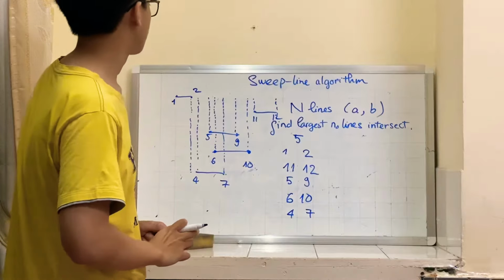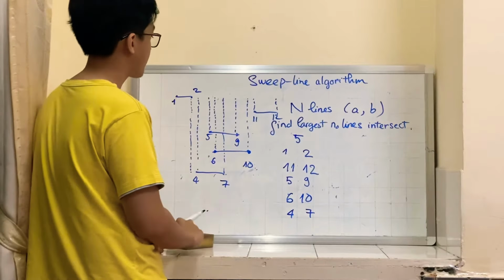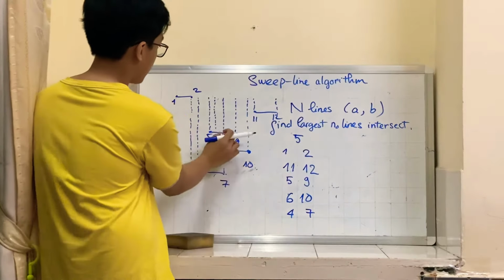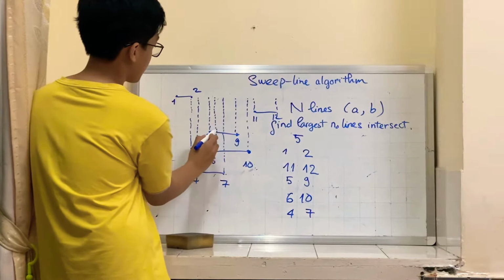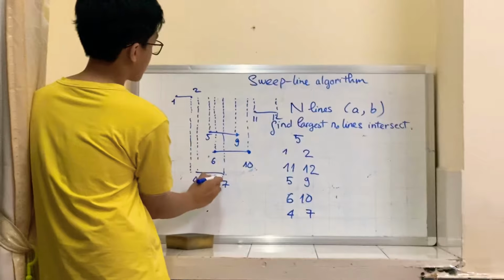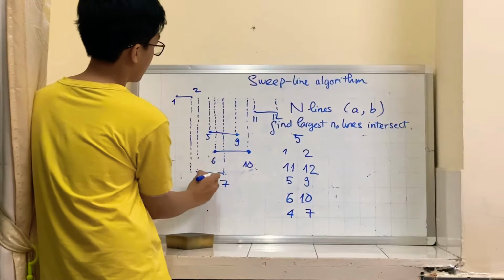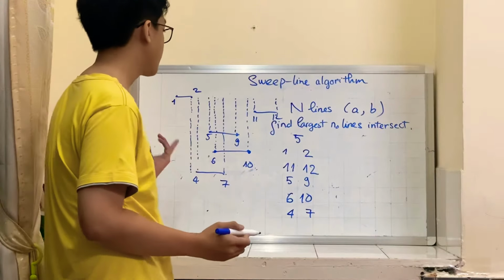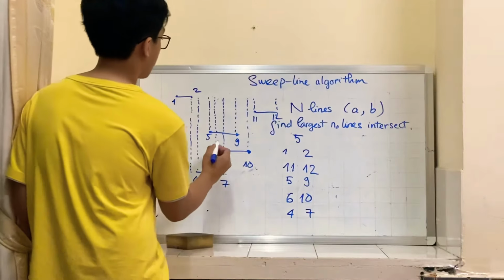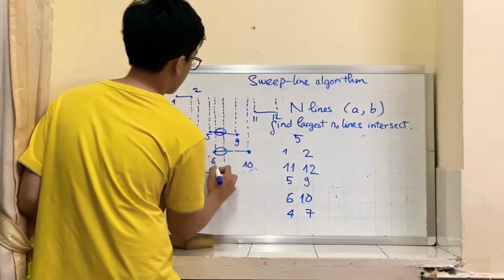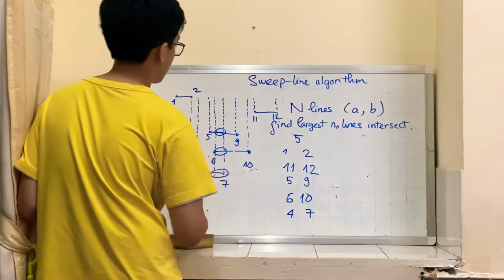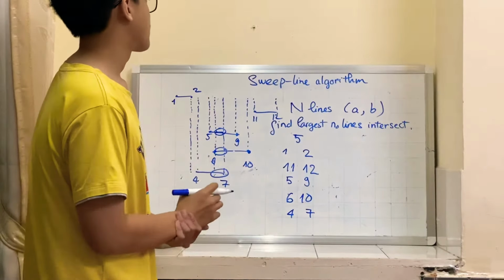So the most part that intersects is here, from 6 to 7, because it intersects 3 lines. This one.